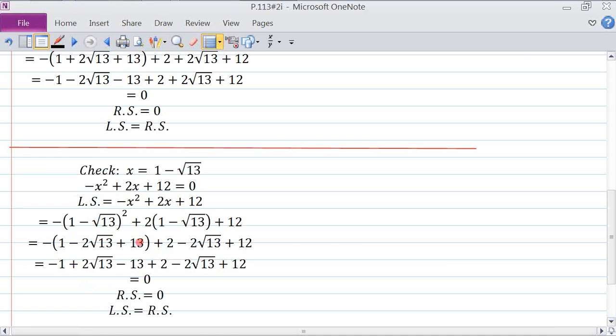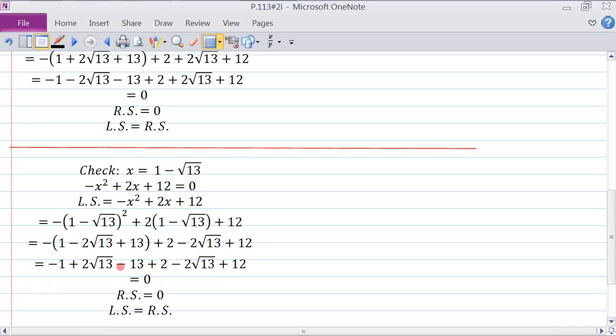Minus root 13 times the minus root 13 gives me plus 13. And the inner and outer, because it's a perfect square, sum to minus 2 root 13. When I apply the minus sign and the distributive rule, minus times a minus gives me a plus. This minus and this plus gives me a minus. And I get plus 2 is this, and this is this. Okay, let's sum it up.